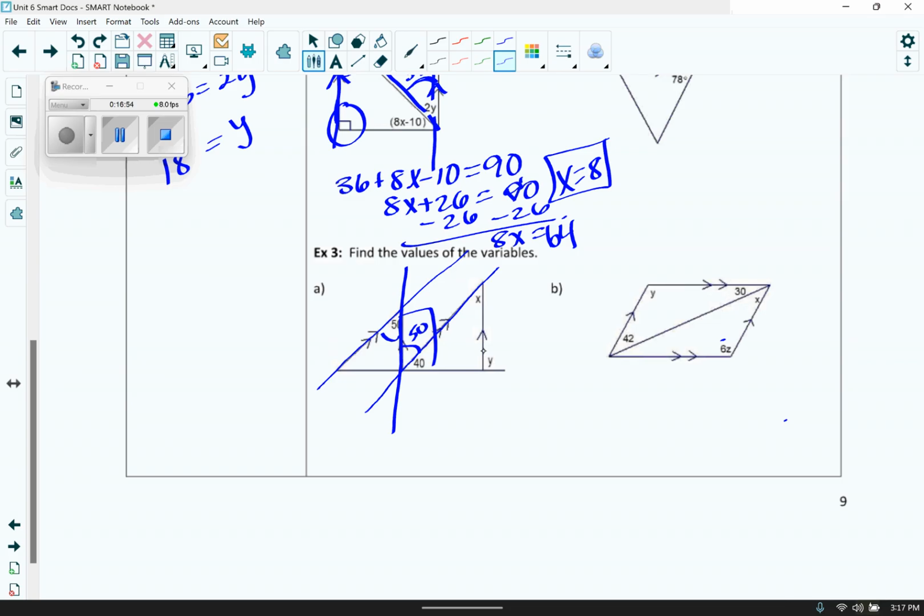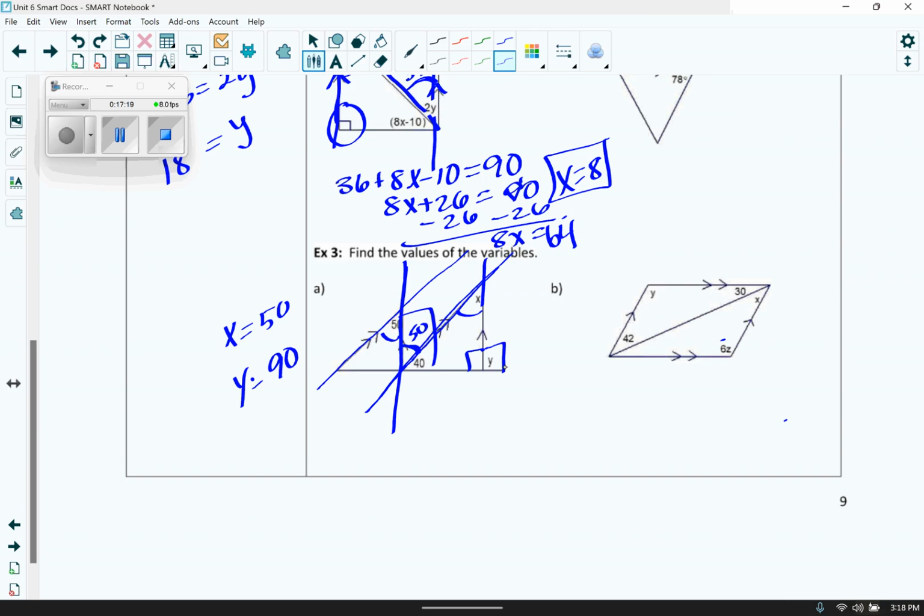And we know that these are parallel, so that's got to be 90. If these are parallel, I can call this my transversal. So if this is 50, this is 50. And if that's 90, this is 90, right?